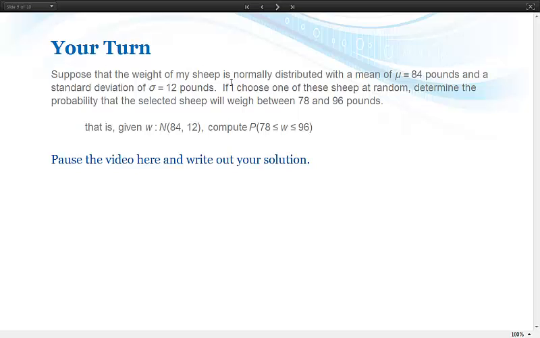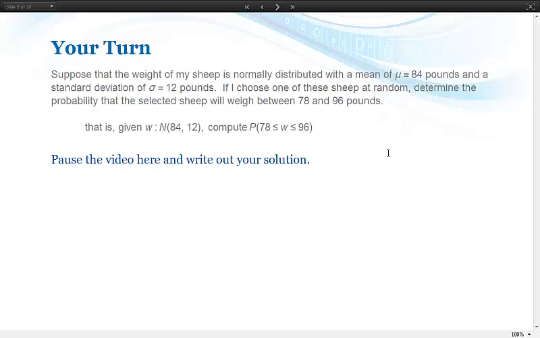If I choose one of these sheep at random, determine the probability that the selected sheep will weigh between 78 and 96 pounds. In symbolic terms, given that the random variable W representing the weight is normally distributed with a mean of 84 and a standard deviation of 12, compute the probability that the weight falls between 78 and 96 pounds.